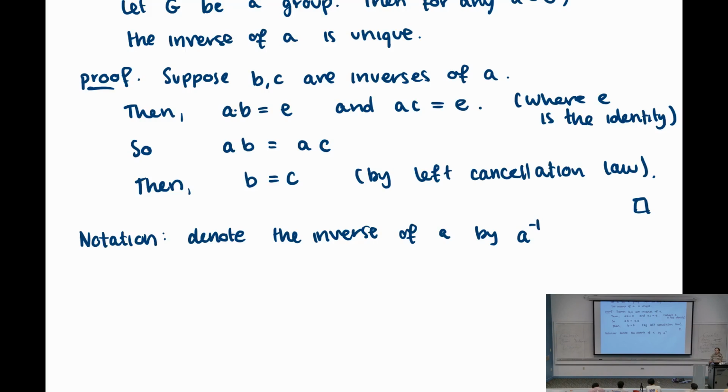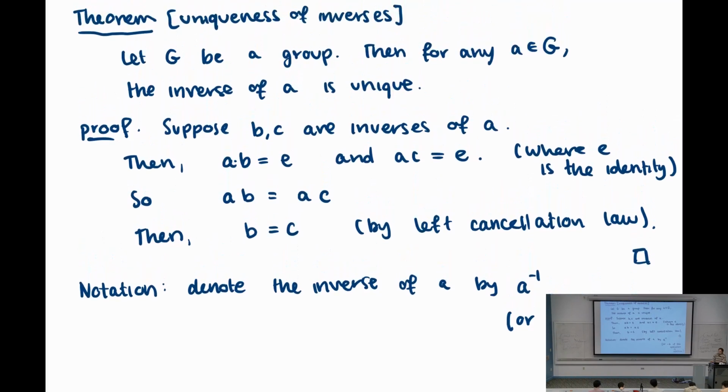This is in a group where the operation is multiplication, but if the operation was addition, we might write minus A. Are there any questions about this?